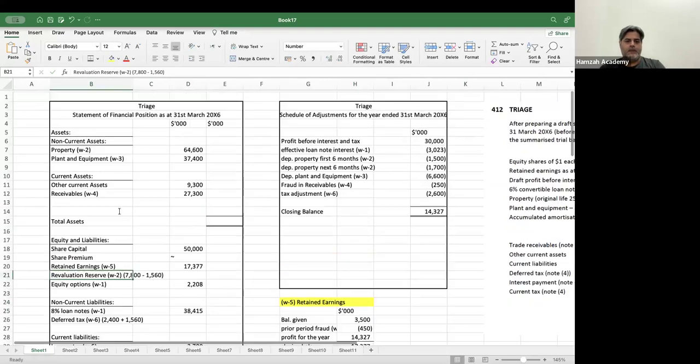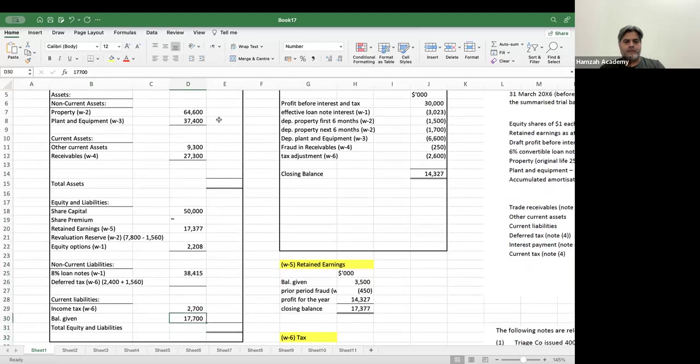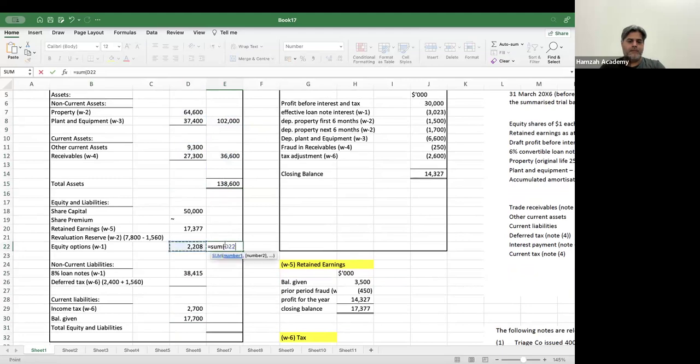Working 5. Total assets 138,600. Now with the deferred tax of 1,560, we will have 42,375.